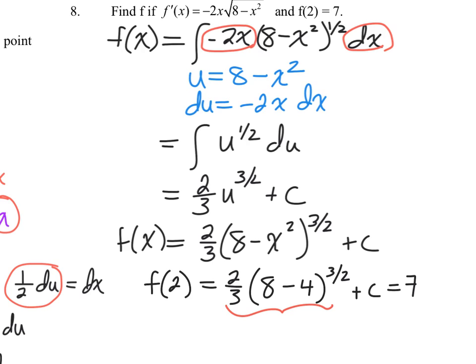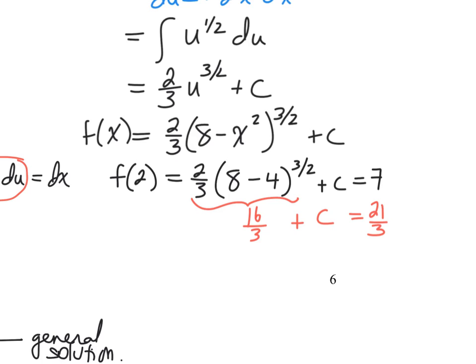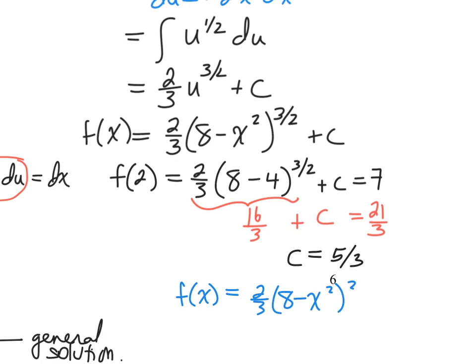So 8 times 2/3 is going to be 16/3. Just a common denominator on the fly there. So c would be 5/3. So our particular solution, f(x), would be equal to 2/3 times (8 minus x squared) to the 3/2 plus 5/3.